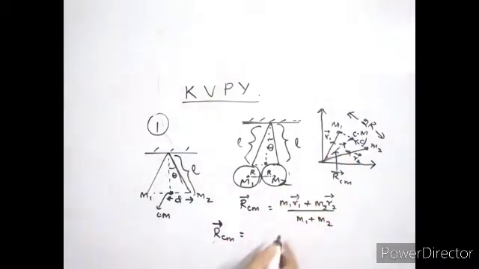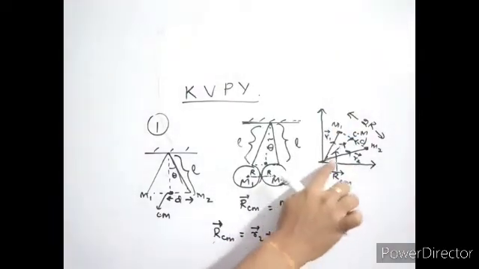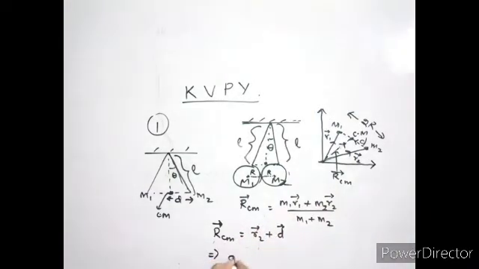Now rcm vector is equal to r2 vector plus d vector. Now consider the triangle law in that small triangle that we have for the second mass with the center of mass and the origin.